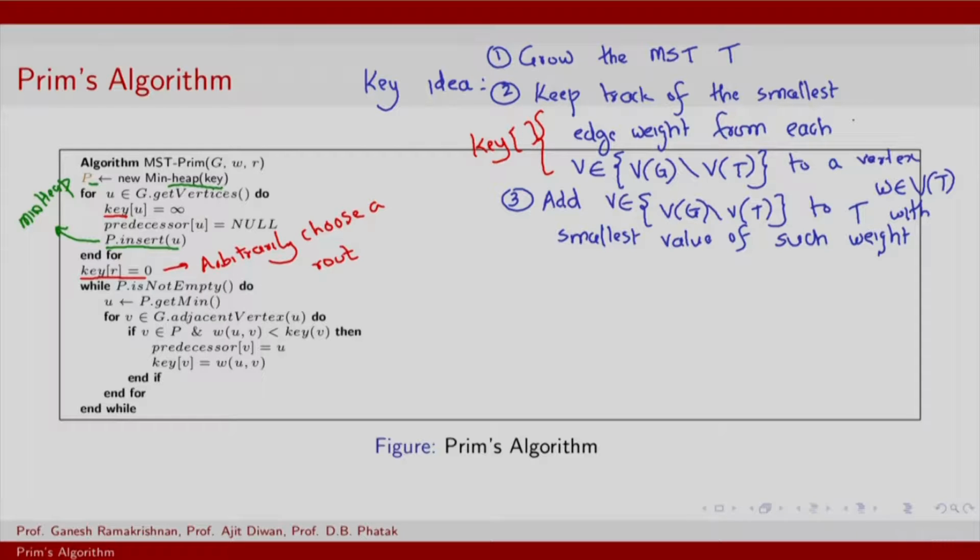However, at initialization you specify that the key that the min heap should use is this array. It is based on this array that the next smallest element should be retrieved.